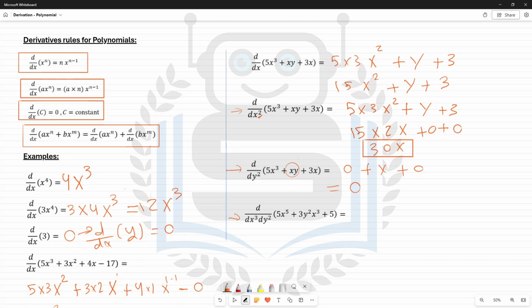So here, since we have two terms without y, let's start with y, so these two can cancel. So then this will become 0, plus this will become 2 times 3, 6y x to the power of 3, plus 0.